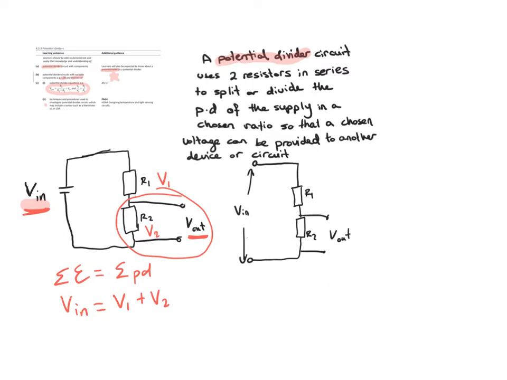It can be used in ovens, and in any sensing circuits, so circuits that change their resistance with light intensity, or circuits that change their resistance with heat changes. So we will see that as well, but this is the simplest form of it with fixed resistors.